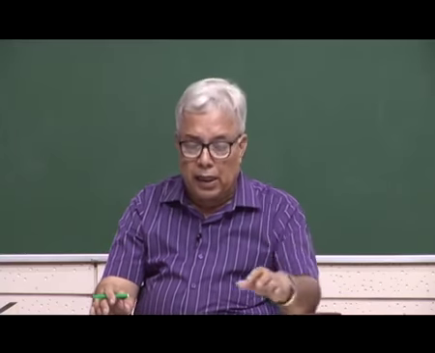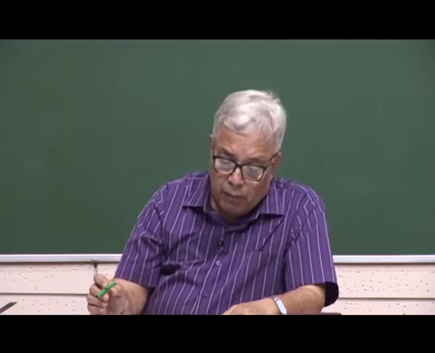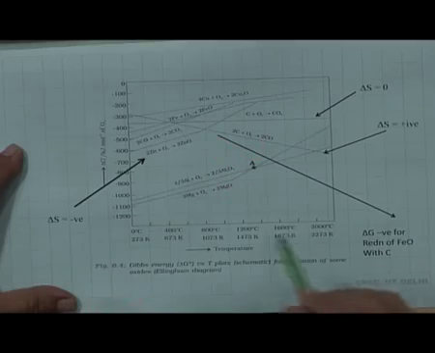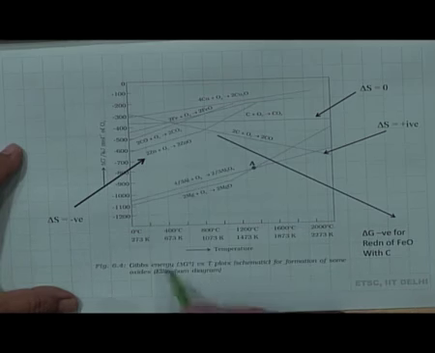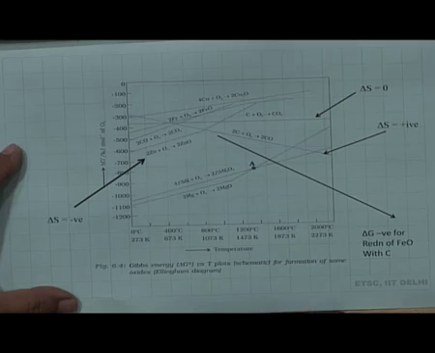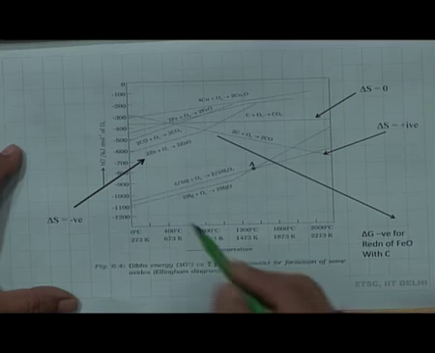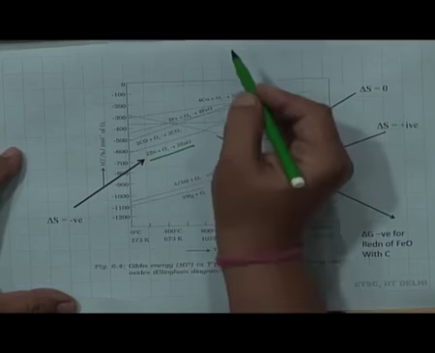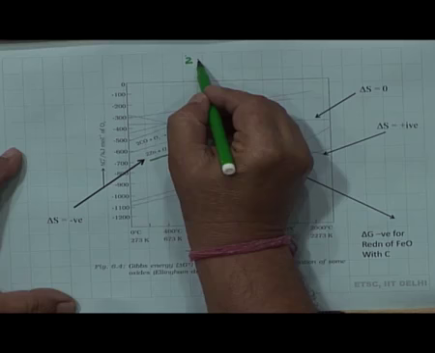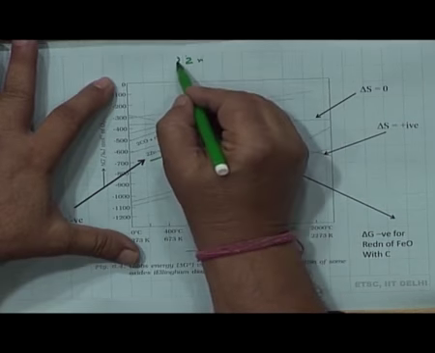Here the Ellingham plot is shown. On the y axis delta G is there, Gibbs free energy. On the x axis temperature is there. Now, look at this reaction, Zn I write separately.